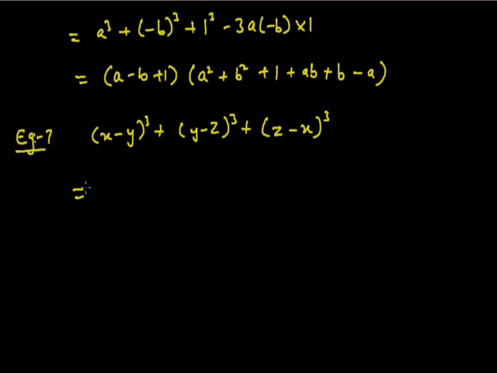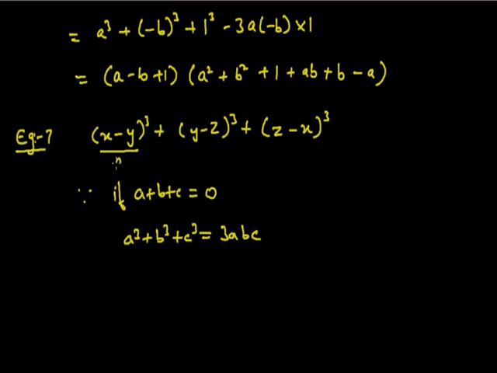In the special case, we have studied that if a plus b plus c is equal to 0, then a cube plus b cube plus c cube will be equal to 3abc. So if we consider x minus y as a, y minus z as b, and z minus x as c, and we add all these, that is x minus y plus y minus z plus z minus x, we will get the sum as 0.